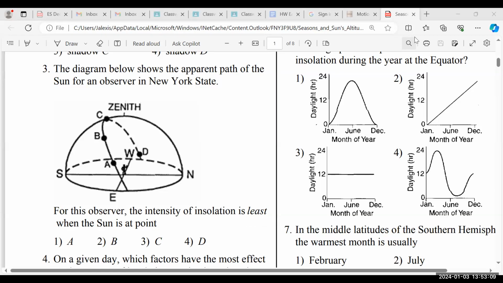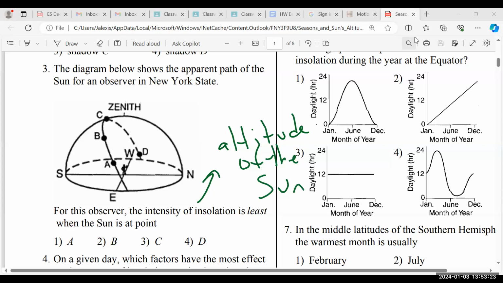All right. We just said in the previous problem, the intensity of insolation depends on the altitude of the sun. The higher the altitude of the sun is, the higher the intensity of insolation.